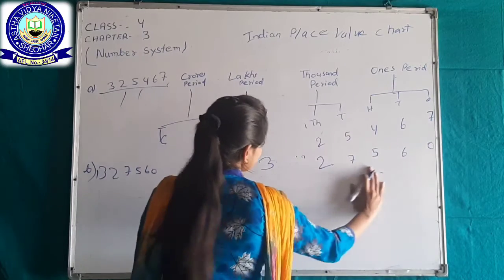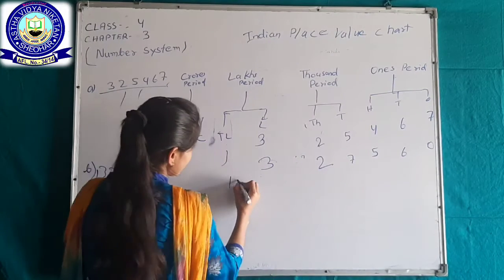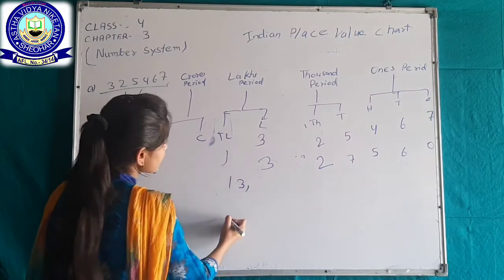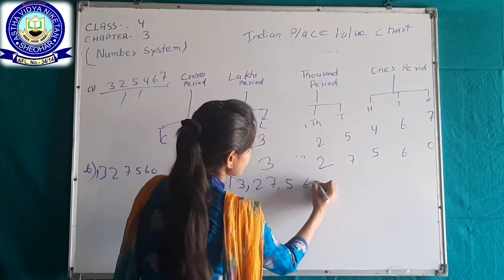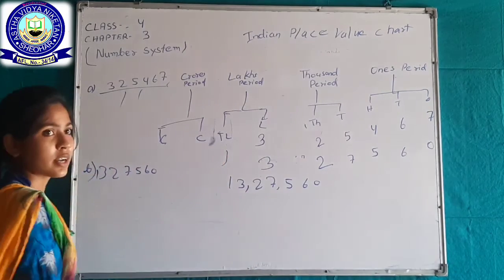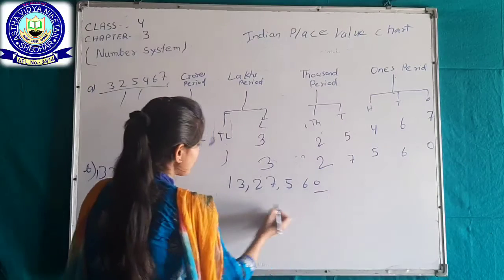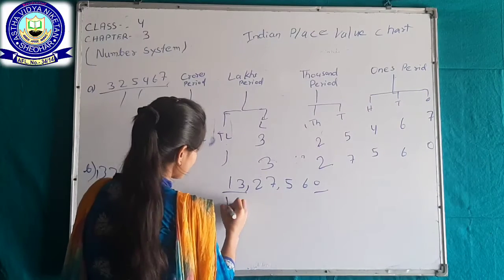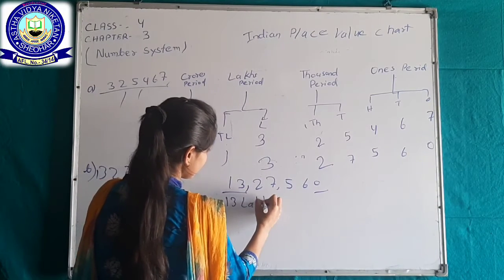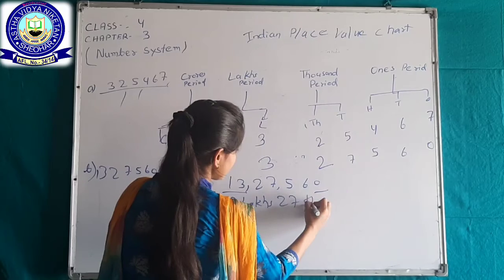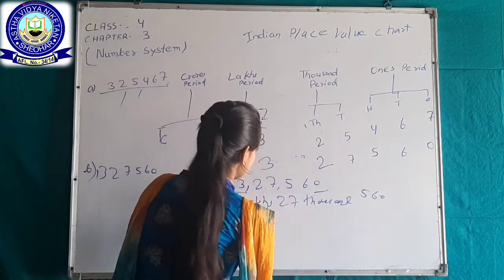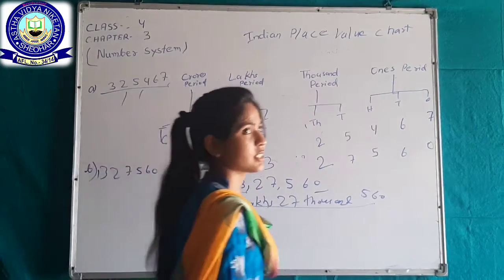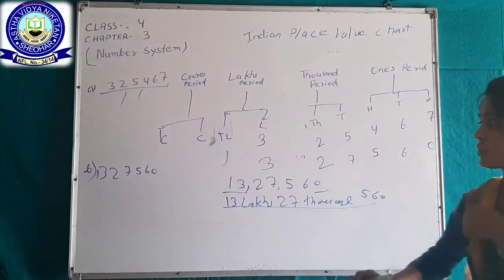You have to write it with the help of commas: 13 lakhs 27,560, and you also have to write it in number names and in words: 13 lakhs 27,560. This is in your Indian place value system.